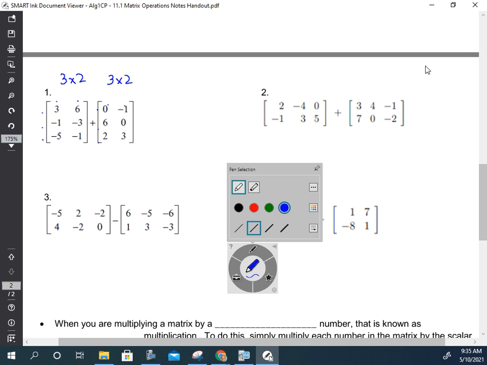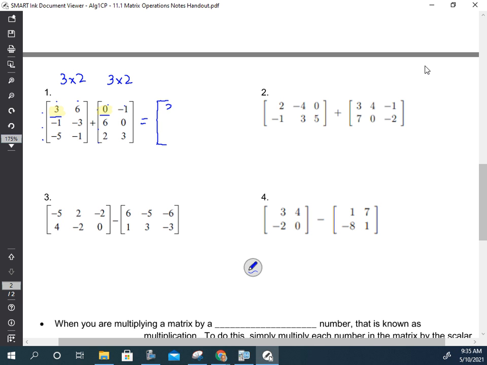For problem 1, 3 and 0 are in the same spot, so you add those together. 3 plus 0 is 3. 6 plus -1 is 5. -1 plus 6 is 5. -3 plus 0, -3. -5 plus 2, -3. -1 plus 3, 2.